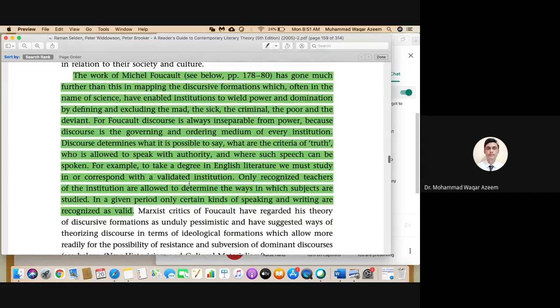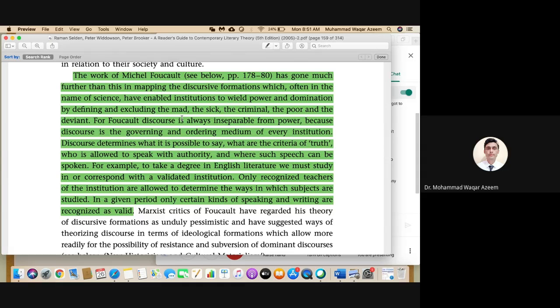And this becomes really provocative when we read a little more about Michel Foucault, who was a pioneer of this idea. The work of Michel Foucault has gone much further than this in mapping the discursive formations, which often, in the name of science, have enabled institutions to wield power and domination by defining and excluding the mad, the sick, the criminal, the poor, and the deviant.